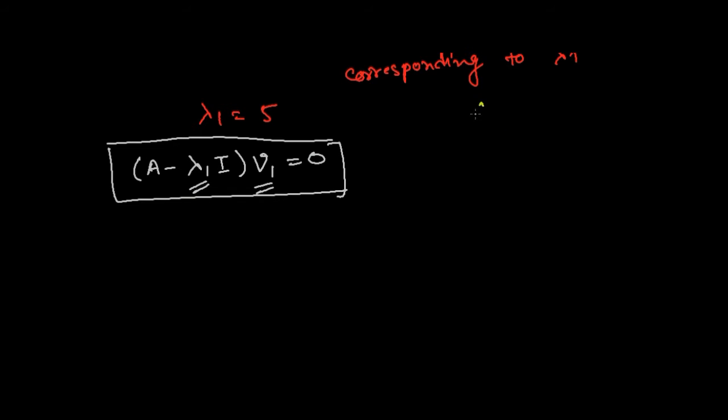In general terms, I can write it like this: you need to solve the system of equations that you get from the matrix minus the eigenvalue multiplied by the identity matrix of the same order, then multiplied by your eigenvector, equals 0.